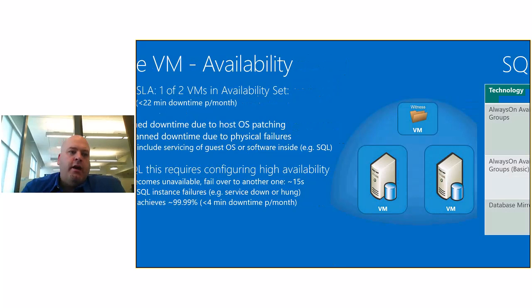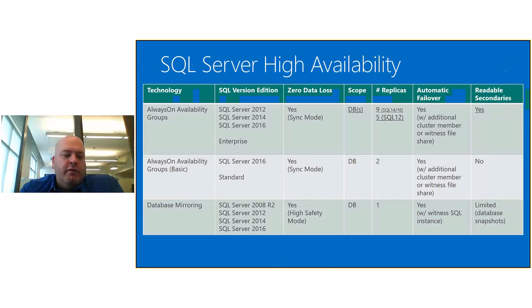Some options you have for SQL Server high availability are listed here. You've got Always On availability groups, Always On availability groups basic, and database mirroring. I'll walk through these briefly. You have your availability groups in 2012, 2014, and 2016 in your Enterprise Edition.